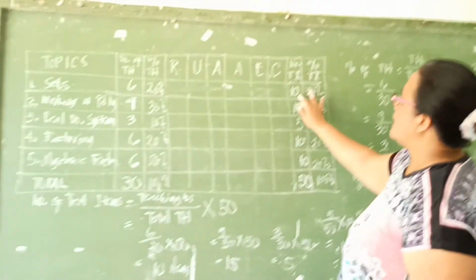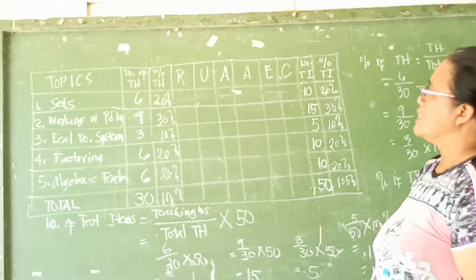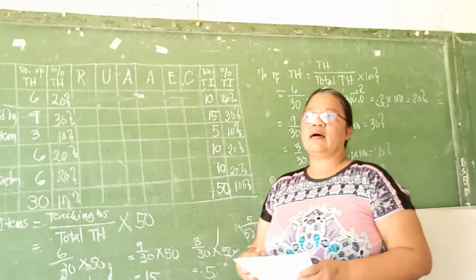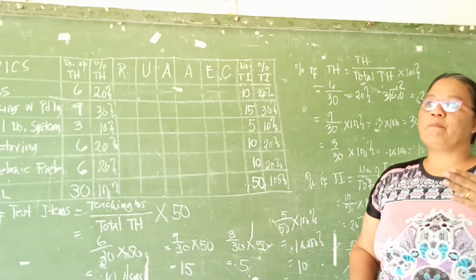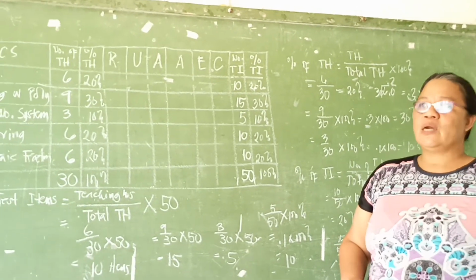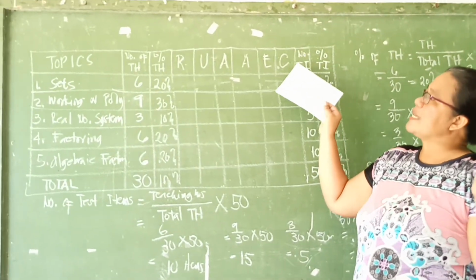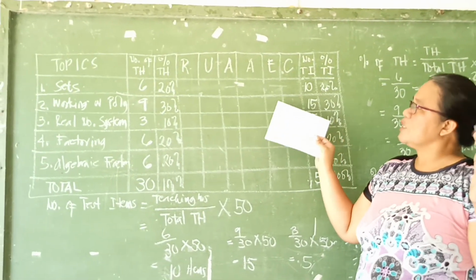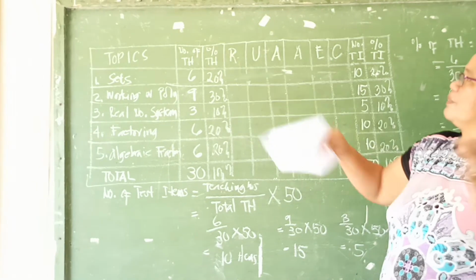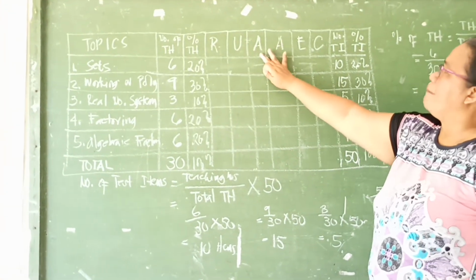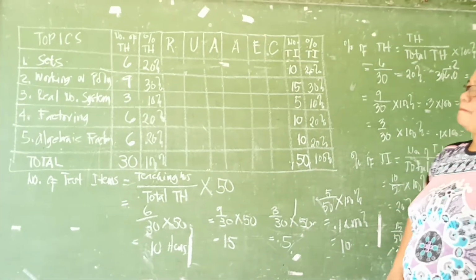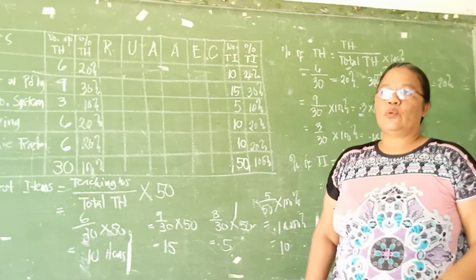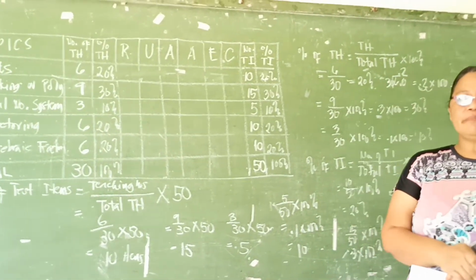So for example, for the 10 items, since we are having a mathematics subject, we do more solving. But there is a part with multiple choice wherein we can classify our test items into remembering, understanding, applying, analyzing, evaluating, and creating.